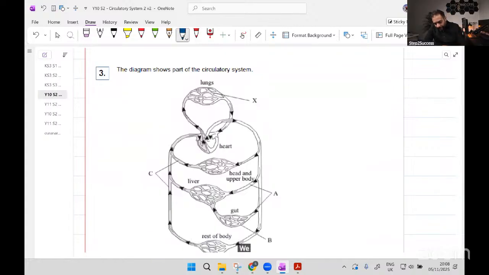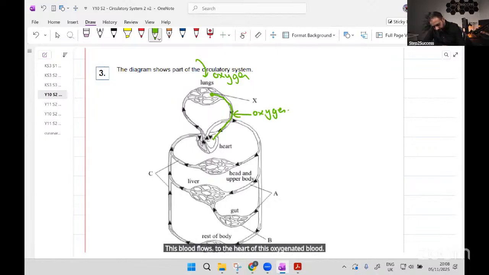We breathe in oxygen. The oxygen goes into our lungs and then into our blood. This blood flows to the heart. This is oxygenated blood because it's carrying oxygen. The heart then pumps it all around the body to your head, to your liver, to your gut, to the rest of the body, basically everywhere, right?